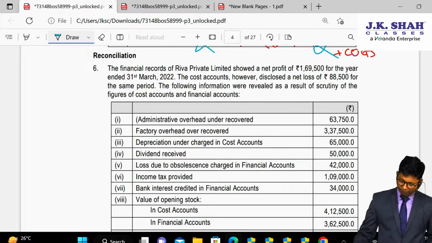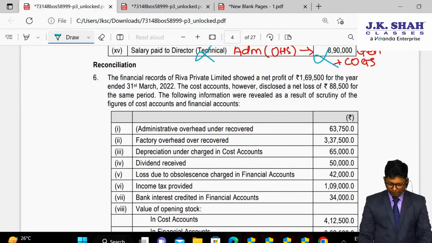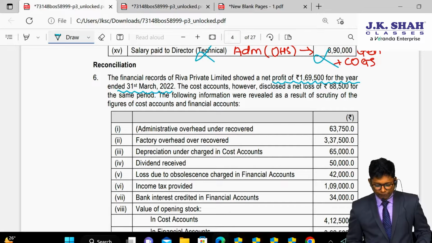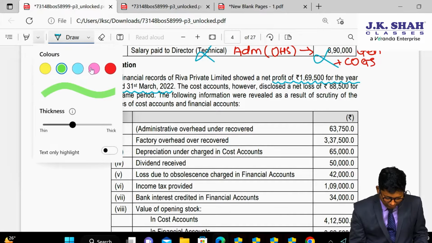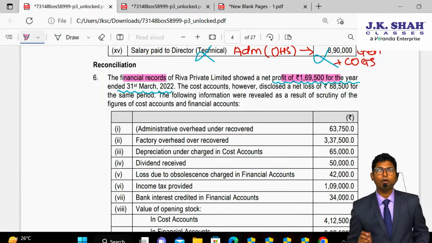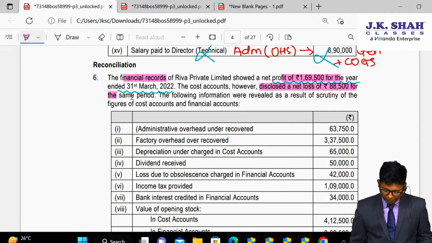See what is given in this sum. The financial record of Riva Limited showed a net profit of rupees 1,69,500 for the year ended 31st March 2022. The financial records are showing profits, correct? But however, the cost records disclosed a net loss of 88,500 for the same period.